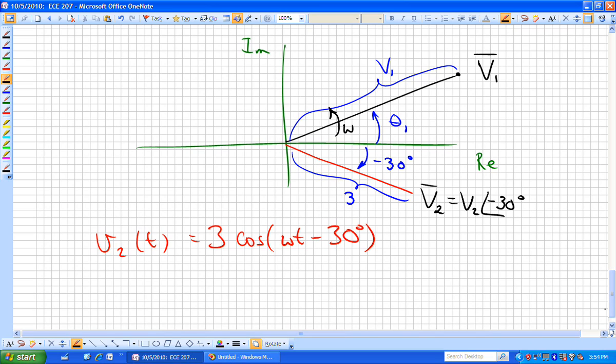They're spinning in the counterclockwise direction, and because they're both spinning at the same frequency omega, they aren't going to change in terms of their relative orientation with each other. And in this case, we would say that v sub 1 leads v sub 2, if we wanted to talk about their relative relationship to one another.